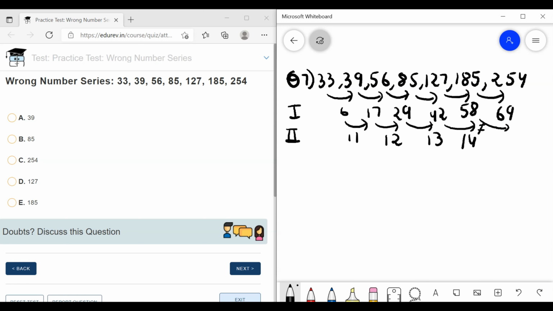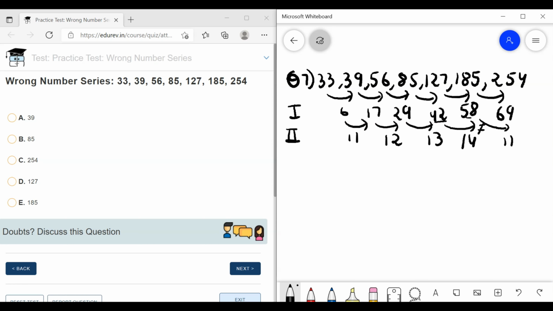For 58 to 69, we are just adding 11 to it. Okay, this doesn't seem right either, because the pattern should be 13, then 14, and then an addition of 15. But the pattern is being broken here. Now because of that, we can clearly see that if it's 14, the pattern is being broken here. So this means the pattern is also being broken at 42 and 58.